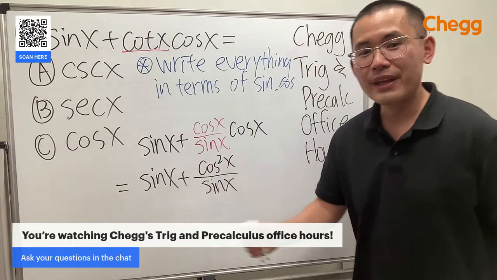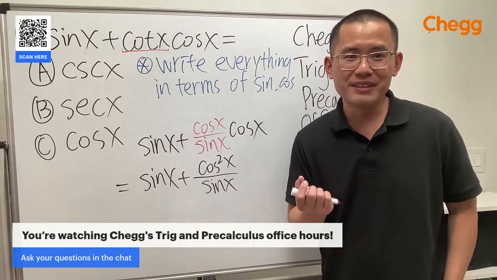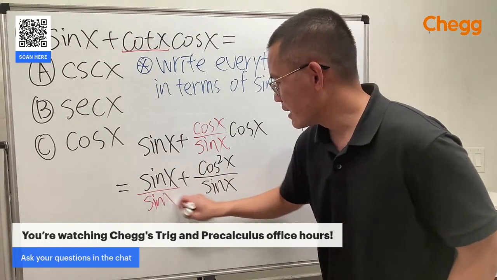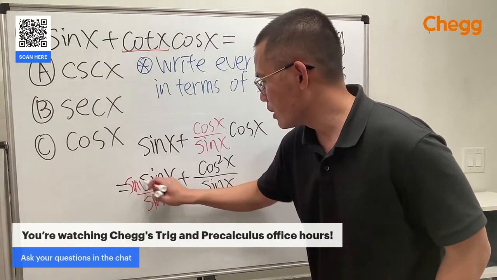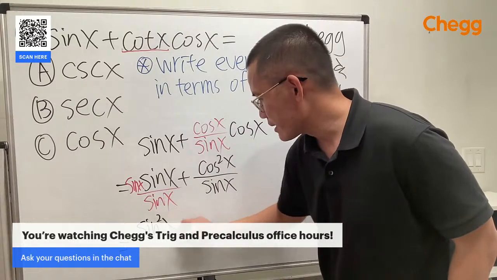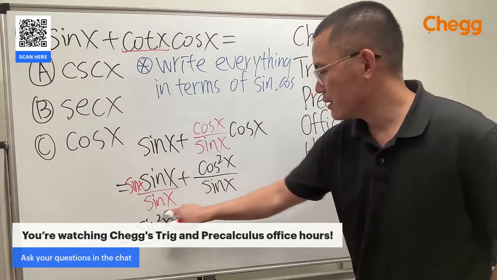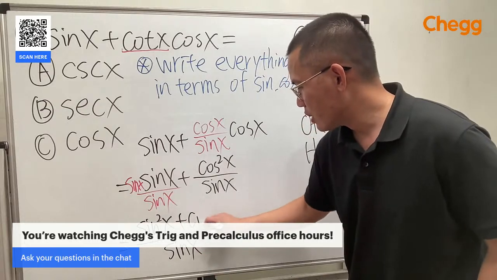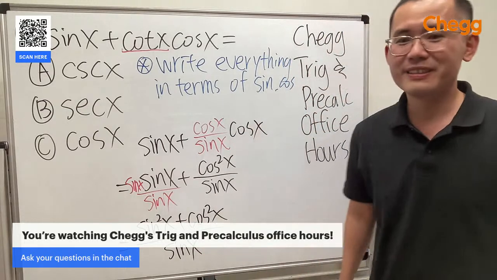We want to combine them, and to do so, we can just use the common denominator. So right here, let's go ahead and multiply the bottom by sine x, and then let's do the same right here as well. So we have sine squared x over the same denominator, so just write it down once, and then plus cosine squared x.